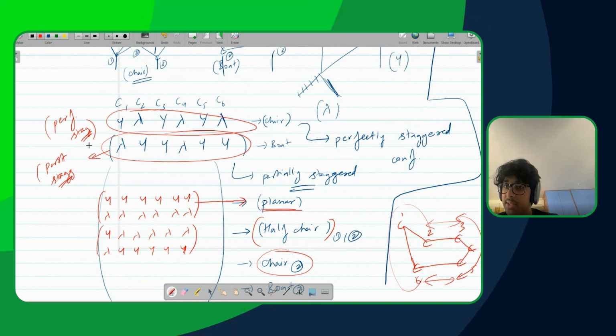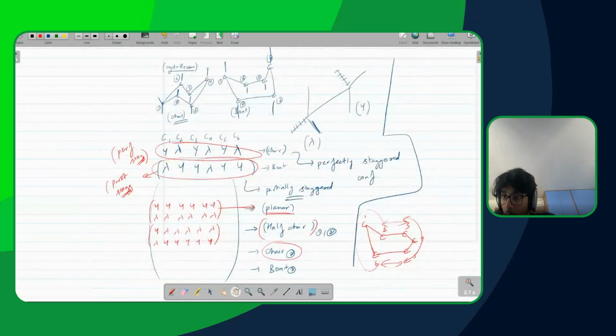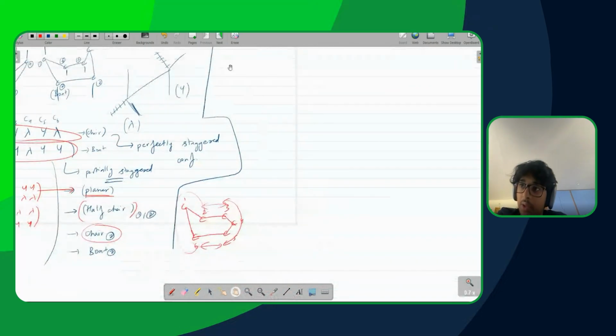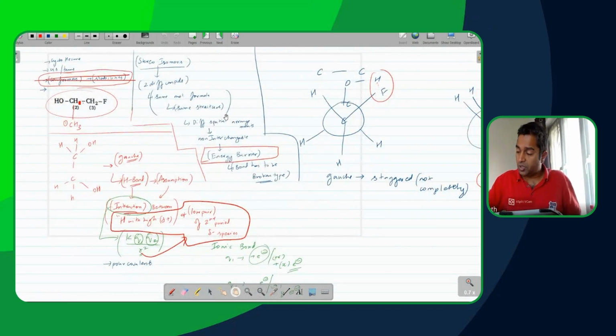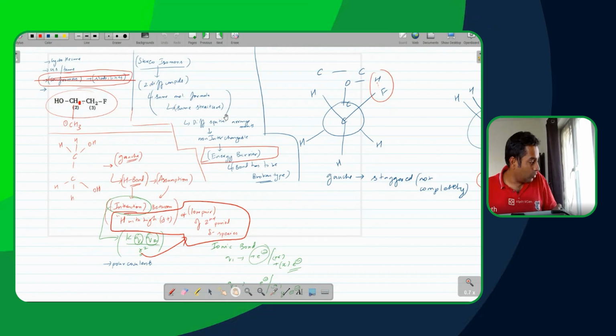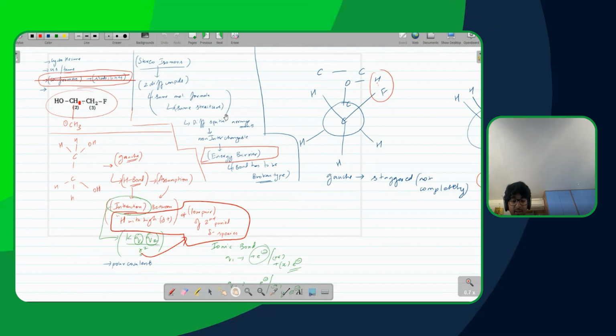Yes, sir. Okay, now let's start talking about cis-trans. In cyclohexane, what part did you not understand? I'm assuming you had clarity up to the different conformations and their stability.